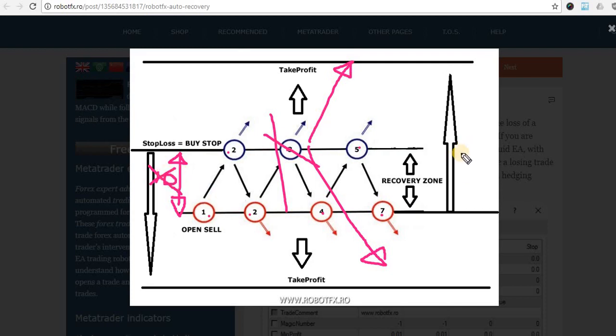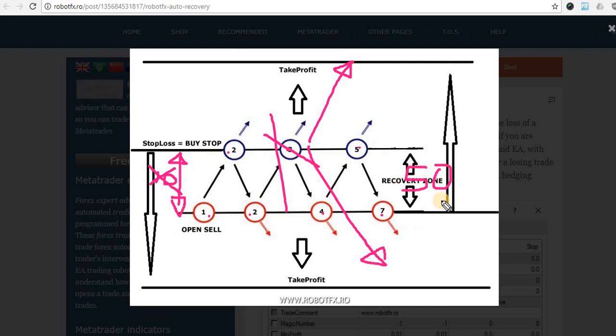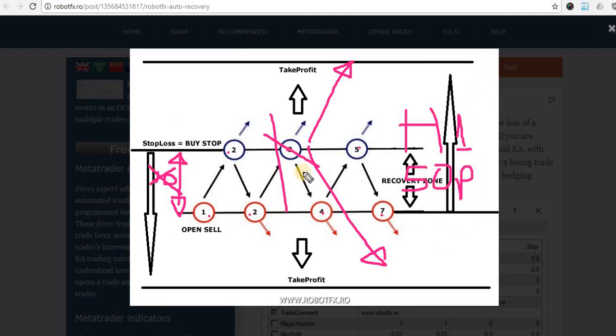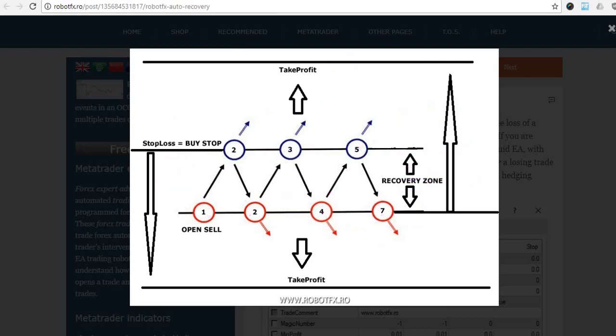From my knowledge, with the default setting of 50 pips, a recovery zone of 50 pips should be fine for trading on H1 charts. And from here, you can either increase or lower this recovery zone depending on your trading style, on the signals on the chart, on the price action, and your trading strategy, your equity, very important, and so on.